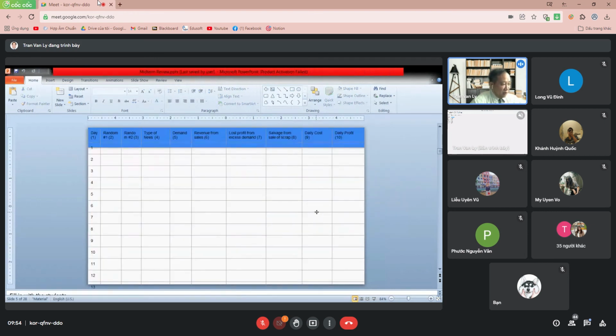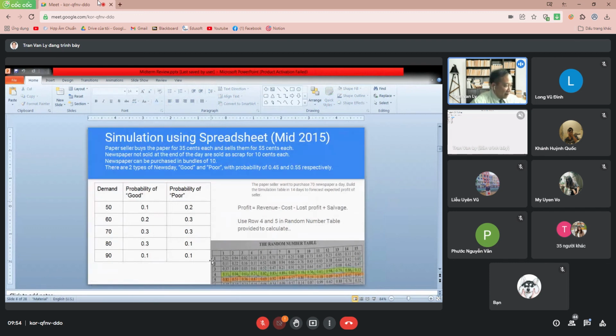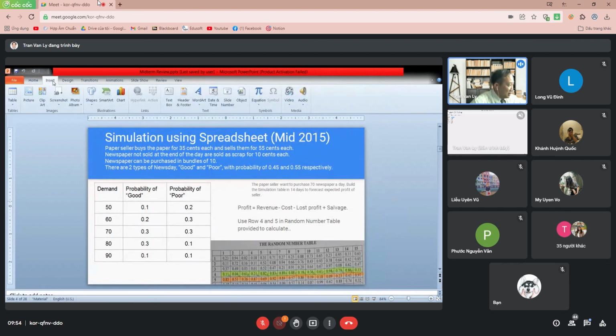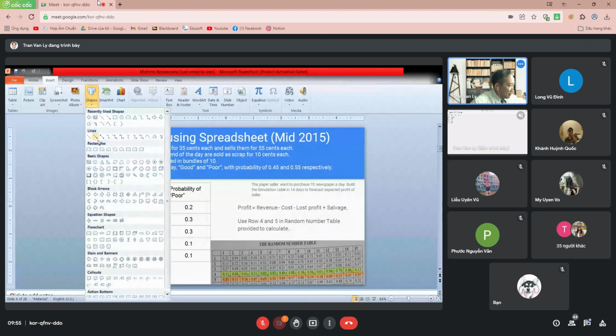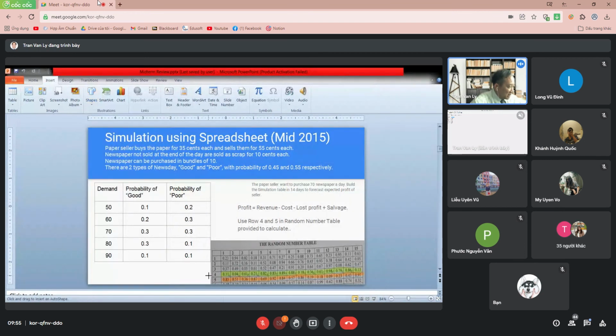For example, in this case, we have random numbers divided in 2 rows, the first row and the second row. Here. Okay. So we also have the table.